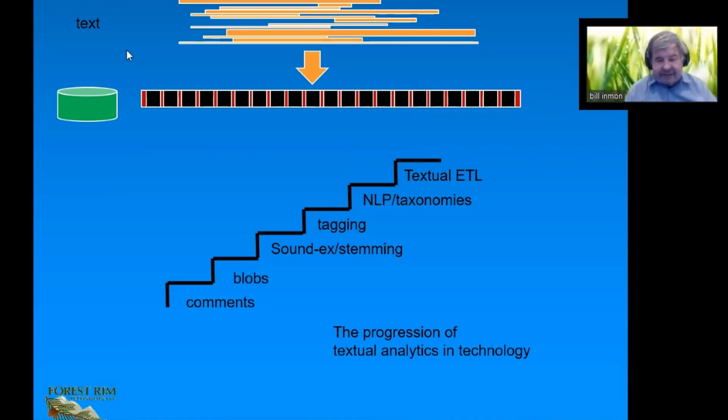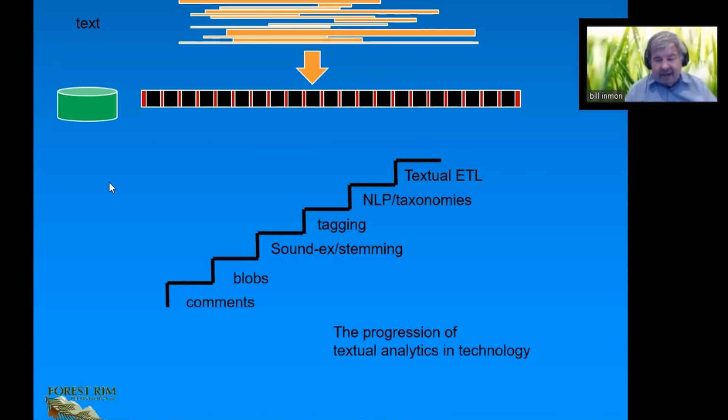These are interesting techniques to address language, but they have very limited business applicability. They're interesting ways to go about looking at text, but there's not really anything produced that's useful from Soundex or stemming.